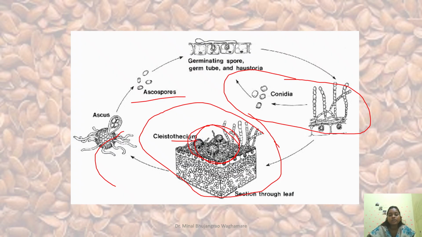When mature, this cleistothecium breaks down and releases the ascospores. This ascospore after germinating leads to the primary infection, and secondary infection continues by the conidia, which get transferred with the help of wind and rain and are present inside the infected debris.